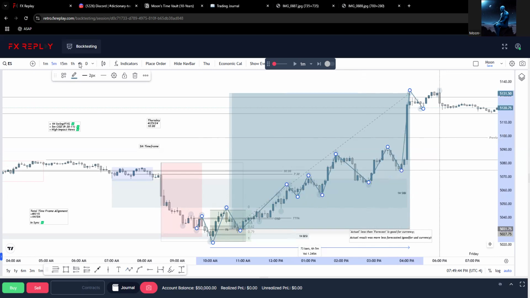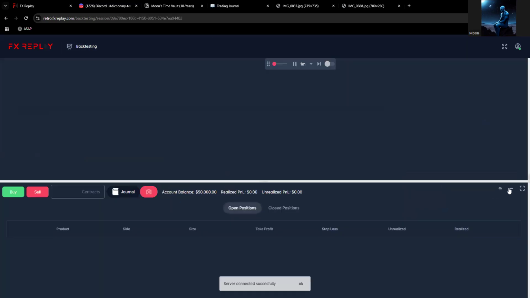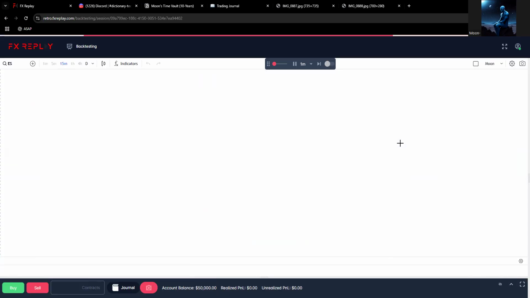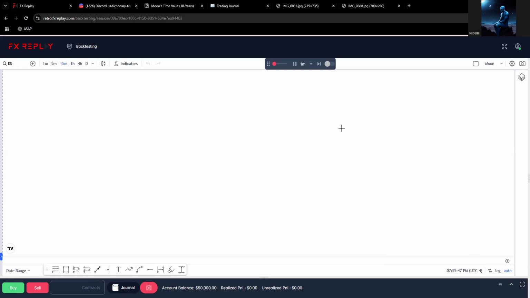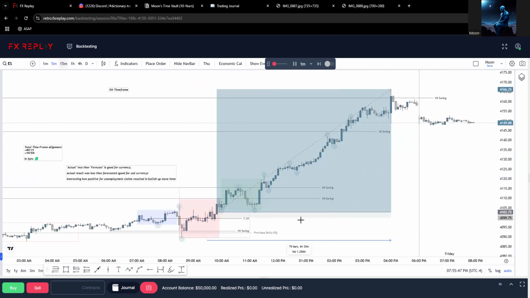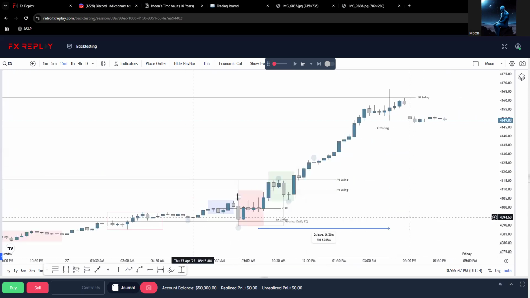Let's bring up another example here. And this time we're going to use the 15-minute time frame since that is what you would be using to monitor your trade. All right, let's go to the 15-minute time frame. See a low, a high, a lower low, right?